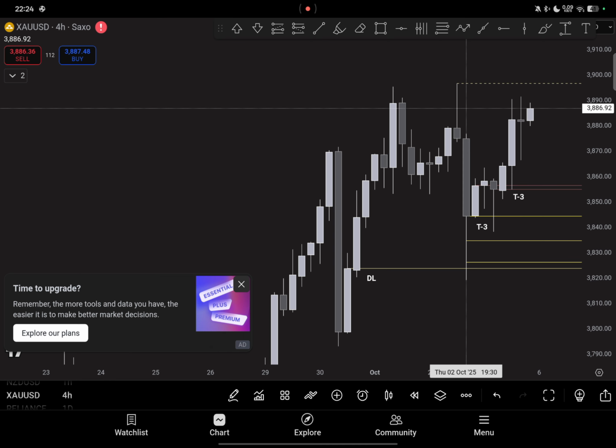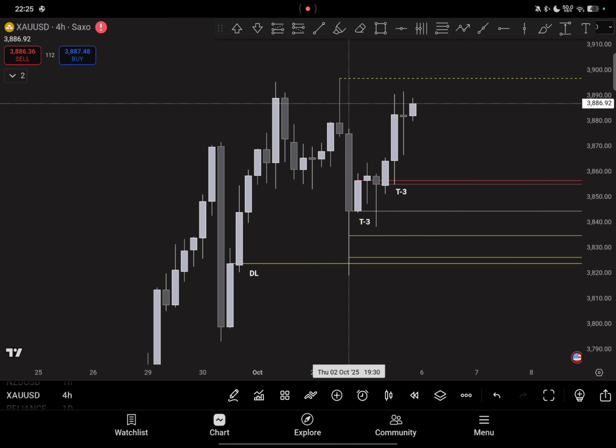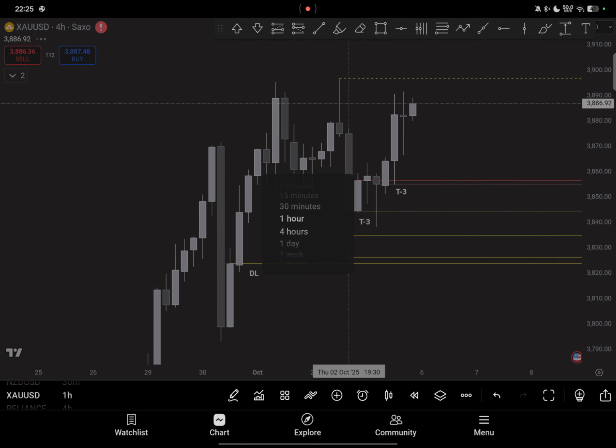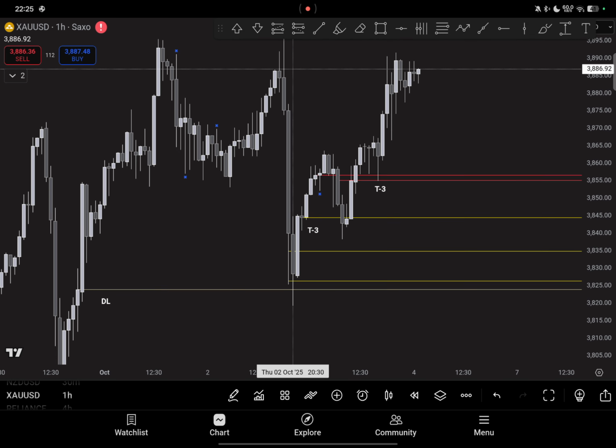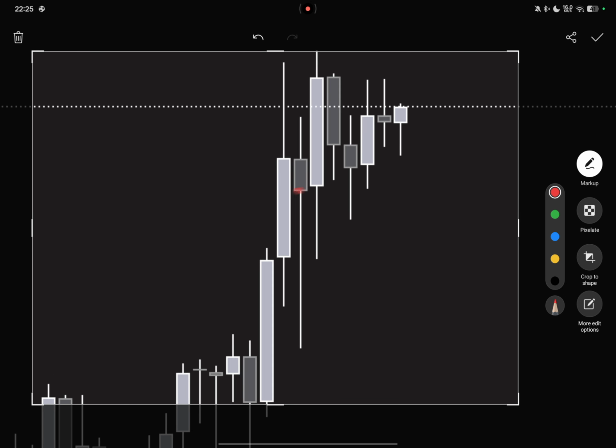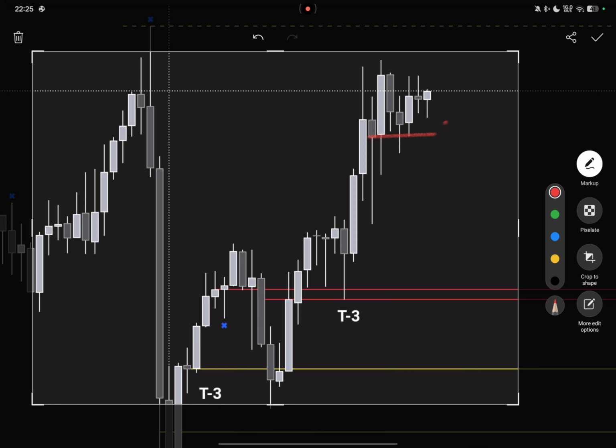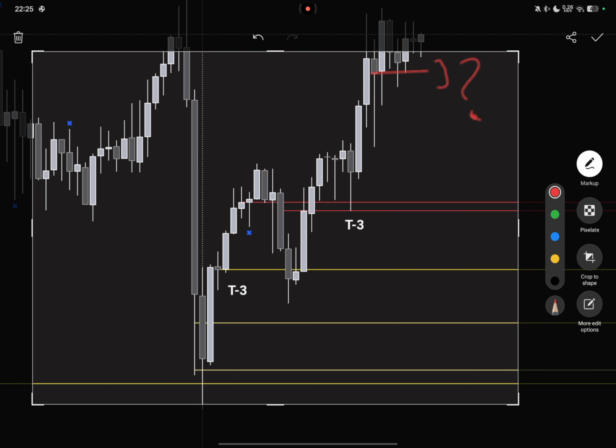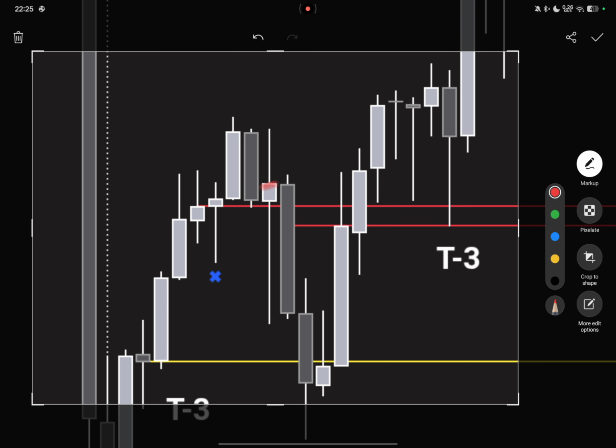You just need to check it from a different angle. Okay, so that's the thing. To be honest, you will find it everywhere. Okay, SNR only, T3 support. Make sure to check if it's a gap or not. I'm not doing it because I'm in a hurry. T3 resistance, break becomes support.